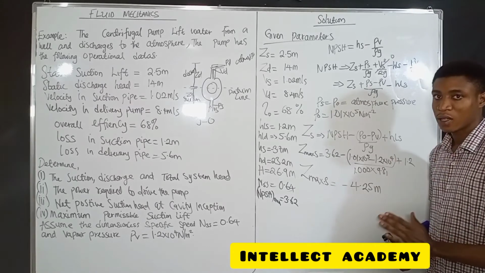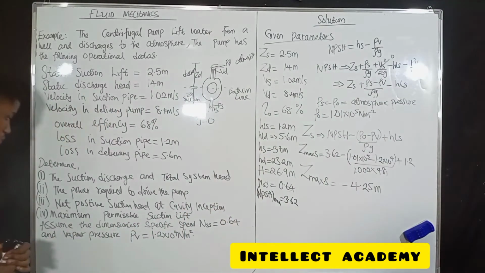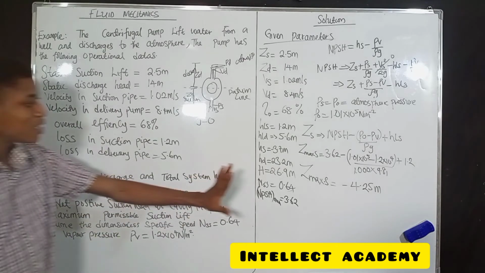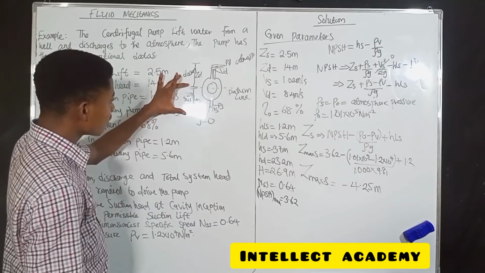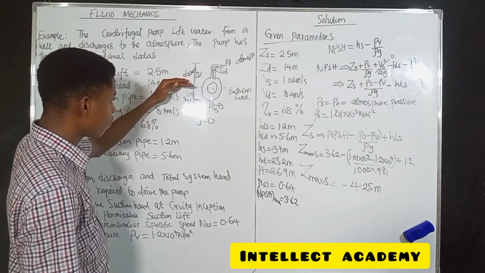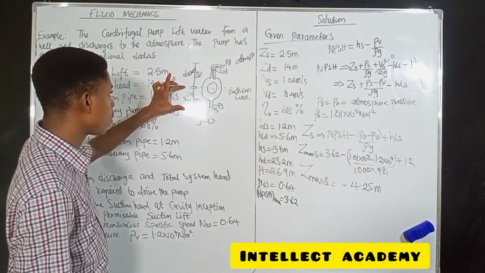Now take note that our last question we calculated here is the maximum permissible suction lift. Now we said that the suction lift is from the point of inlet to the datum line. This is where we see our suction head.